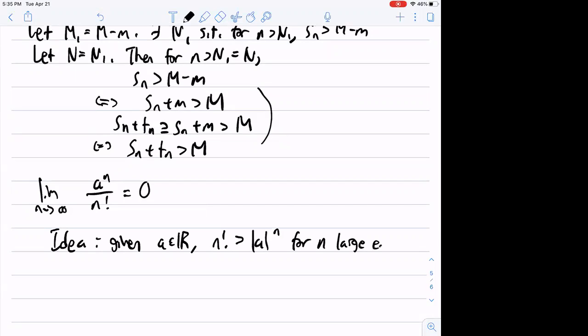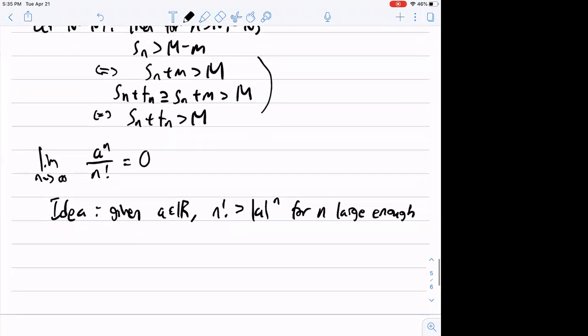Basically, factorial grows way faster than some power. Let me say this: I actually want a plus 1 to the n. The term inside doesn't matter.